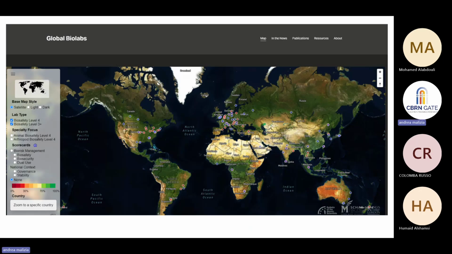In this picture is a website of Global Biolab, and it describes the distribution of laboratories of level 4 and BSL3 plus and the BSL4 in the world. And you can see the major laboratories are present in Europe and in United States.